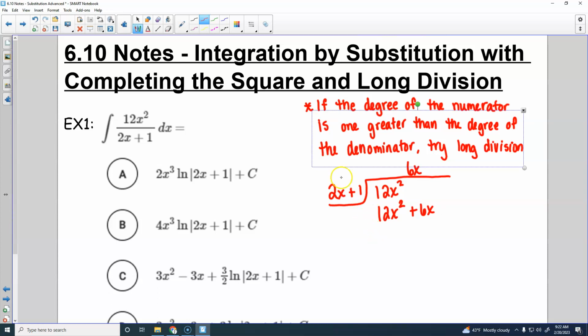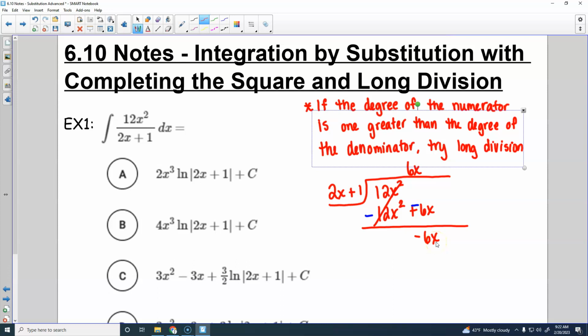And then we've got to subtract. So these will cancel as they should. We're going to get a negative 6x. We would bring down if we had anything over here to bring down, but we don't for this one. So now we're asking ourselves, what times 2x would give me negative 6x?